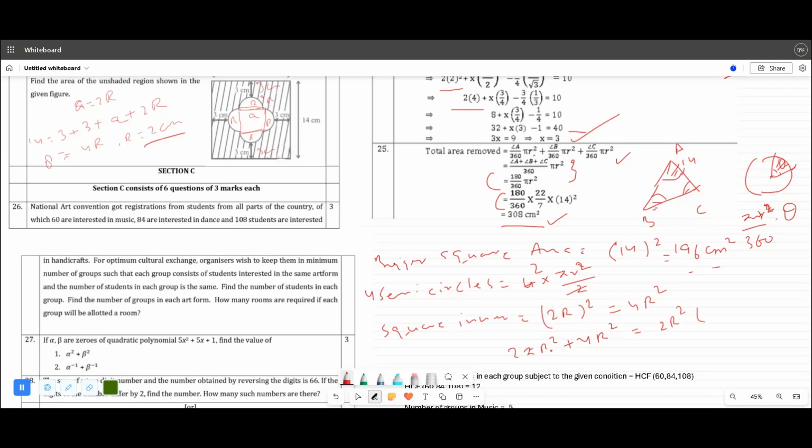That is pi plus 4, और हमें r की वैल्यू पता है, that is 2 सेंटीमीटर, तो this becomes 2 into 2 is 8 pi plus 4. तो आप शेडेड रीजन का एरिया निकाल लो, ऊपर से सब्ट्रैक्ट कर लीजिए, राइट. जो भी वैल्यू आए 196 minus this is 8 pi minus 32.